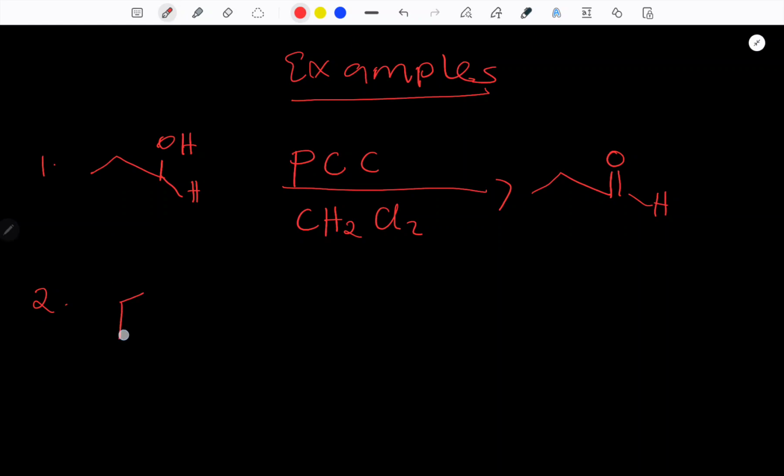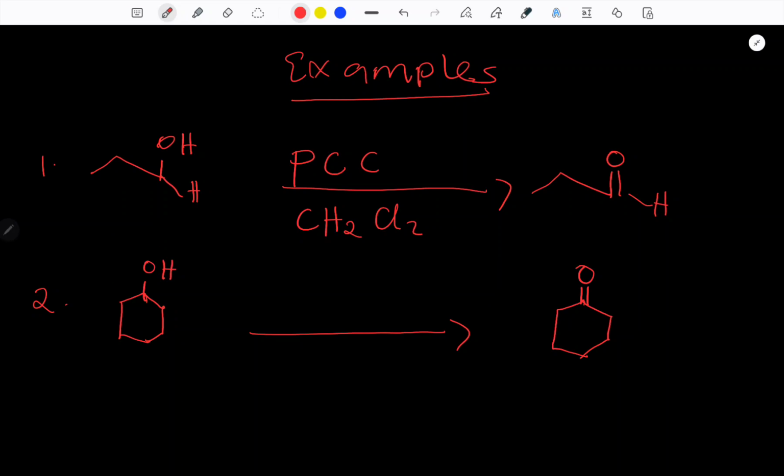Number 2. So this is a secondary alcohol, and this is a ketone.